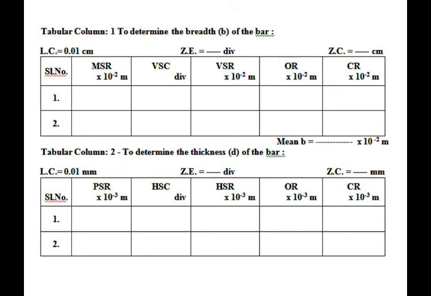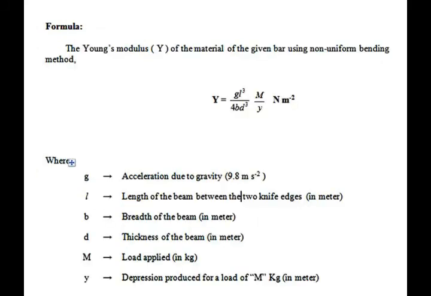0.08 of ZC. Finally, Young's modulus of the material of the given bar will be calculated by substituting the respective values in this formula. G we know, L here we have fixed as 70 centimeters, and it will be converted into meters, 70 into 10 power minus 2.